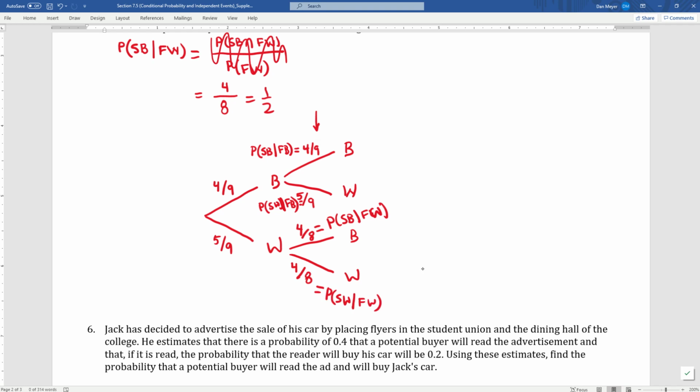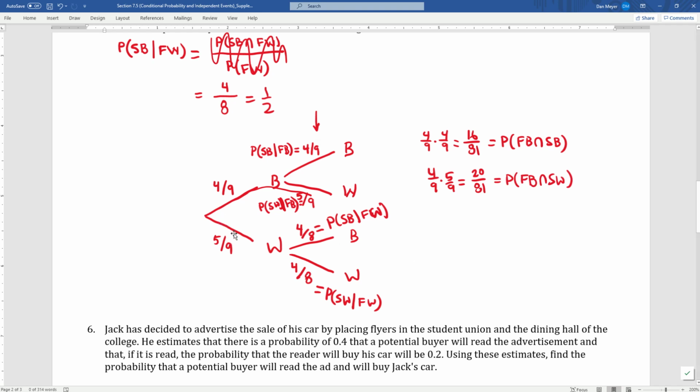Now if I multiply down each branch, if I do 4/9 times 4/9 here, that gives me 16 over 81. This is the probability that both are blue, first blue and second blue. If I multiply down this second branch here, 4/9 times 5/9, that is 20 over 81. That's the probability that the first is blue and the second is white.